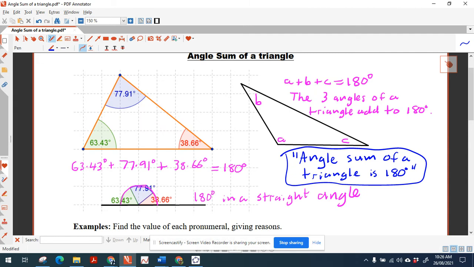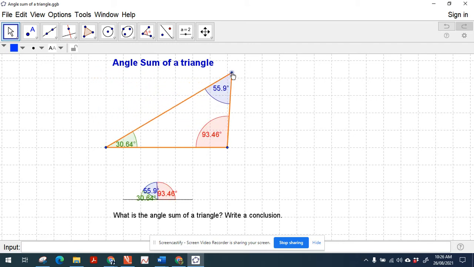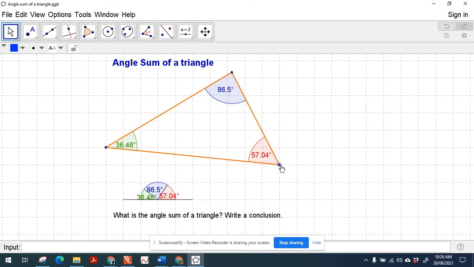If I look at my GeoGebra file here, and I move this triangle into a different position, so this is some random triangle, and if I add up those three angles, 36.46 plus 57.04 plus, just using the calculator, 86.5, you should get 180 degrees.